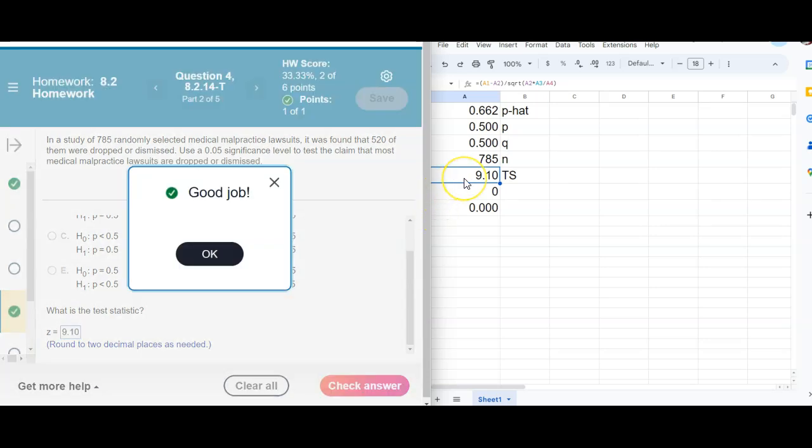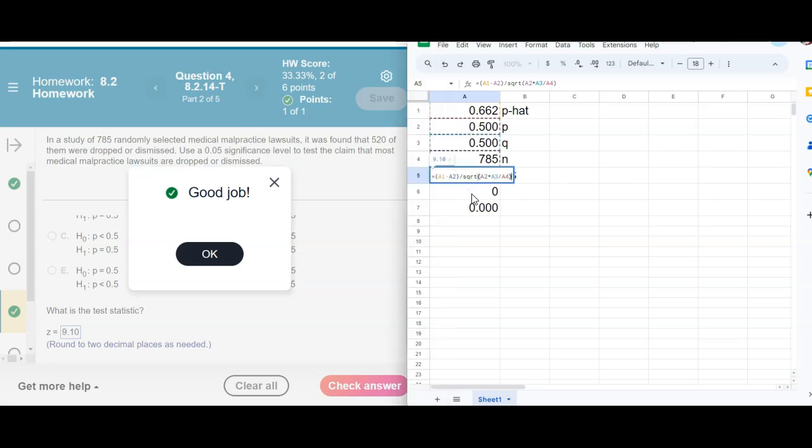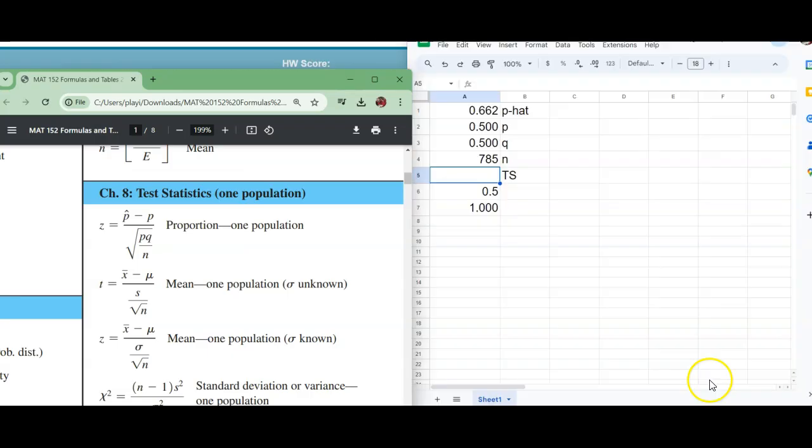Now that's only in there because I did it on a previous problem. Again, we're working on this with a blank sheet, which you're going to have on the final. What you have to remember is you're just typing in this formula right here.